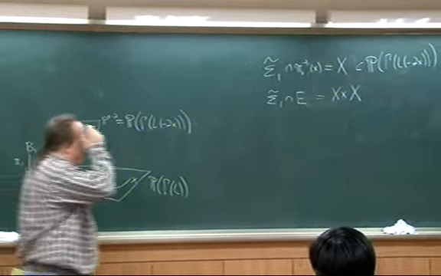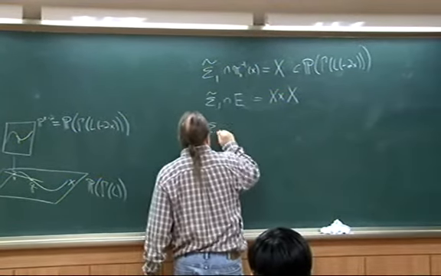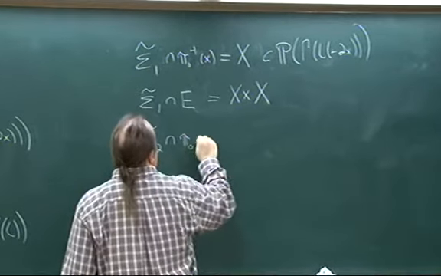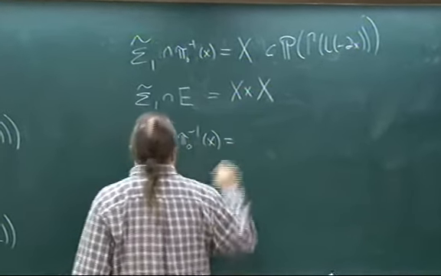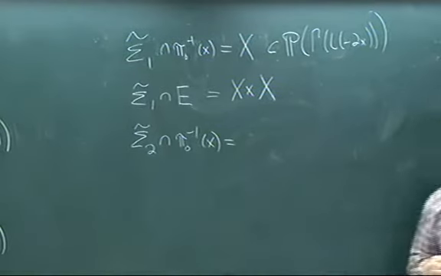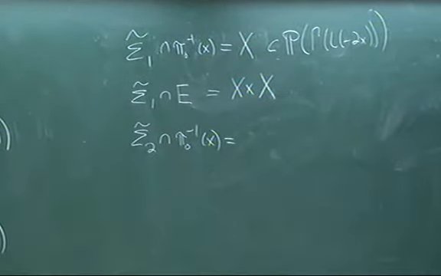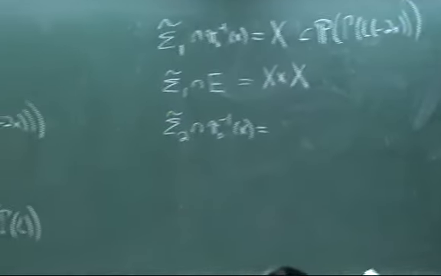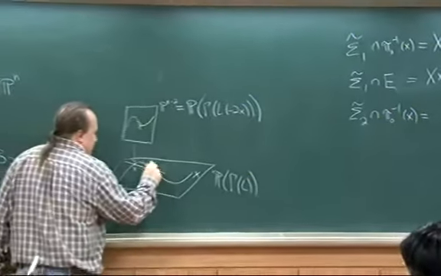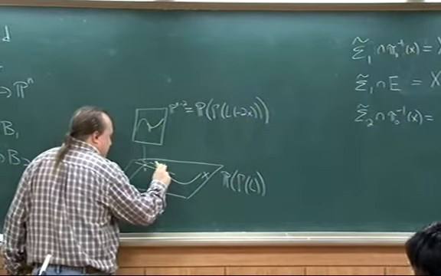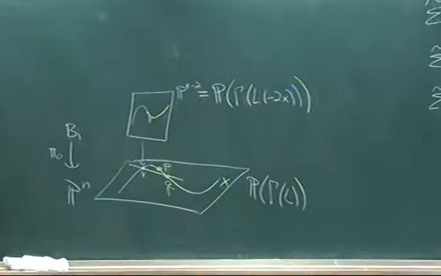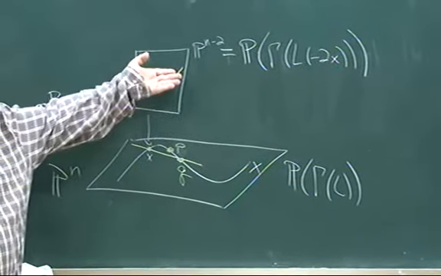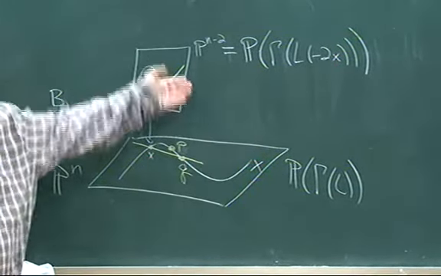What do you get if you intersect the second secant variety with one of these fibers? So if you intersect the second secant variety, what you're doing is you've picked 2 points, P and Q. You take the plane they span, you figure out how that plane intersects this fiber. That plane will intersect this fiber in a line.